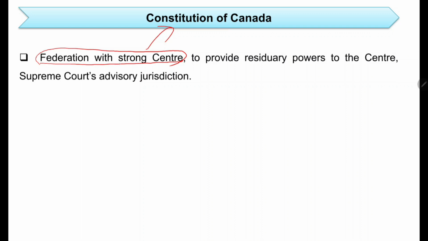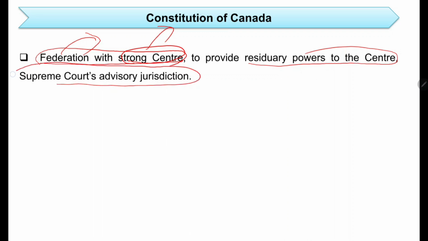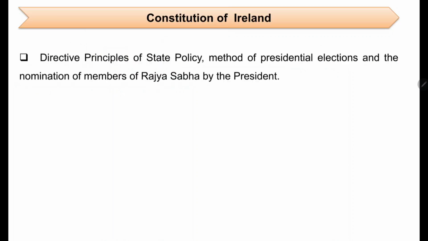So a strong center is maintained so that they can make our country stronger. Federation means power is divided into two, but more power is given to the center by providing residuary power to the central government. And the Supreme Court's advisory jurisdiction. So these are some of the features that we have borrowed from Canada.